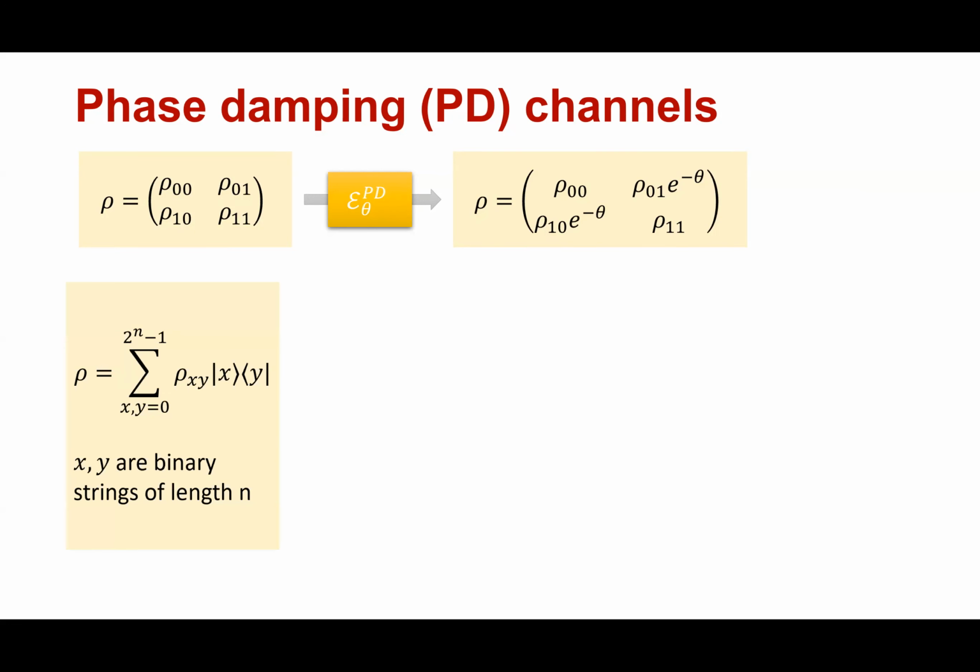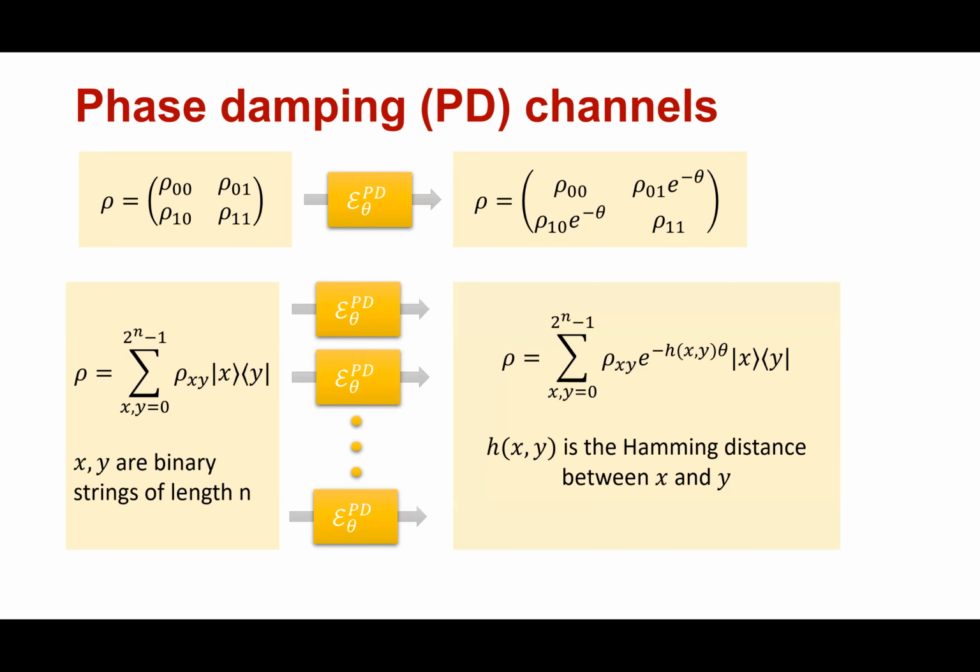Here we consider n qubits, and each qubit is transmitted through a phase damping channel, and in the output we can get this state, where h(x,y) means the Hamming distance between the two strings. x and y are two strings of length n, and Hamming distance means the number of positions where the corresponding bits are different. So the output state can be written as this.